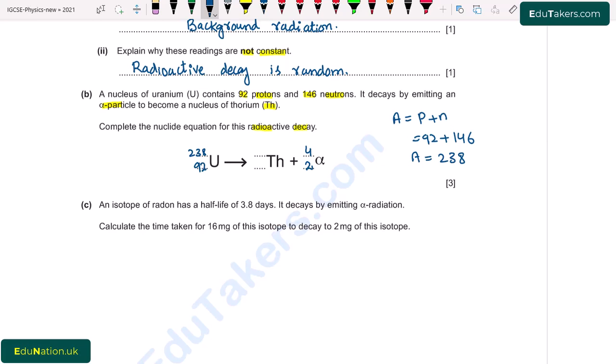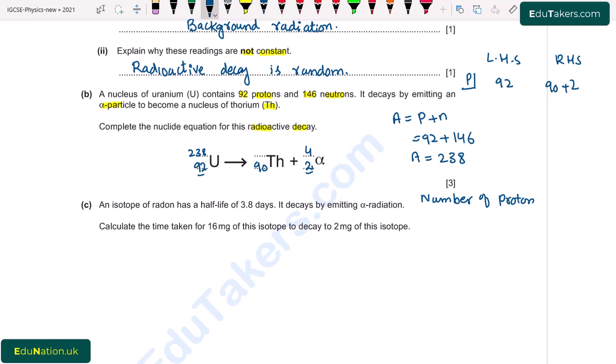First of all I check the number of protons. Left hand side, right hand side, protons first of all. Here we can see 92 protons on the left hand side, and on the right hand side there are 2 protons. So I add 90 here so that the number of protons on both sides is equal. So I write here 90. That is the number of protons of thorium.